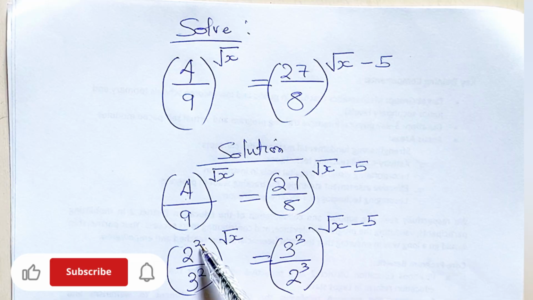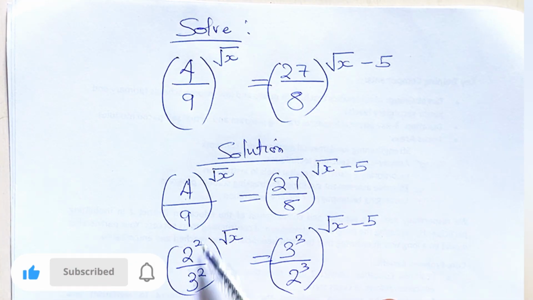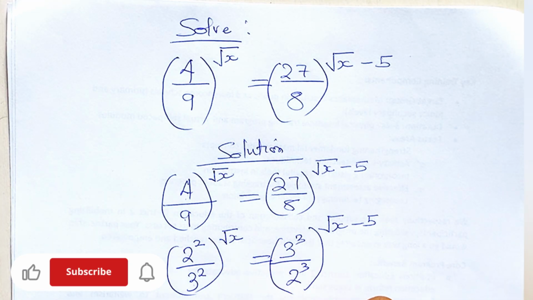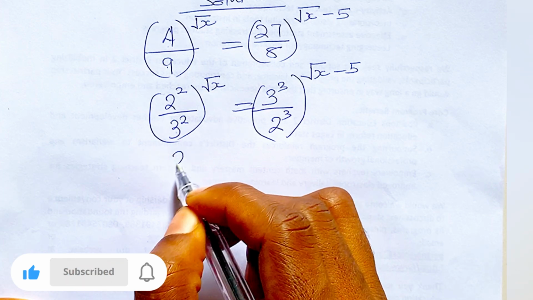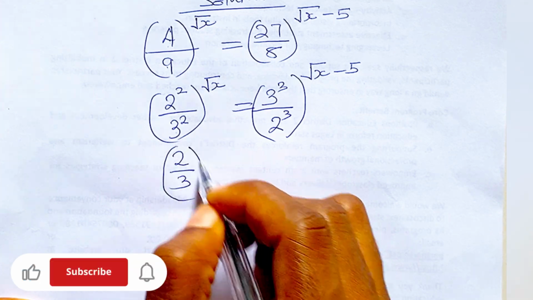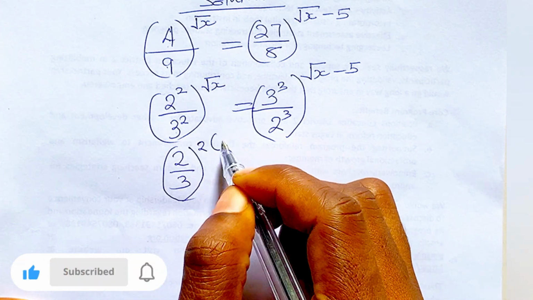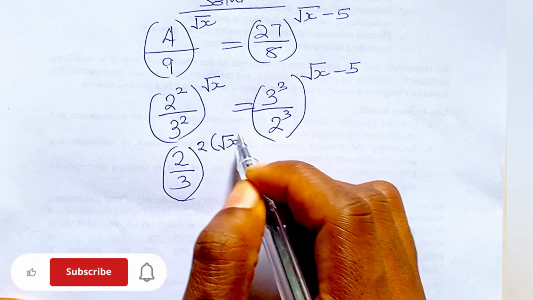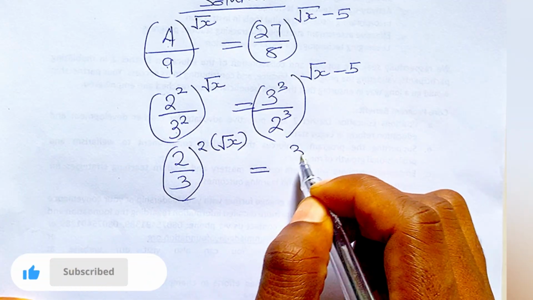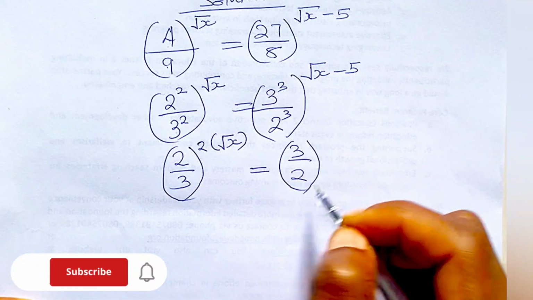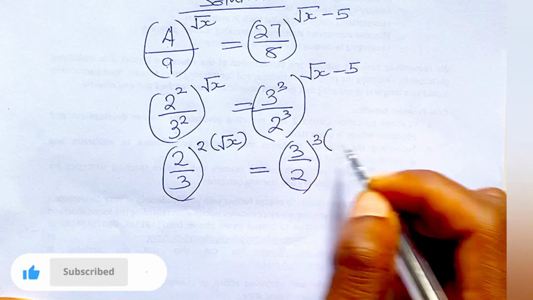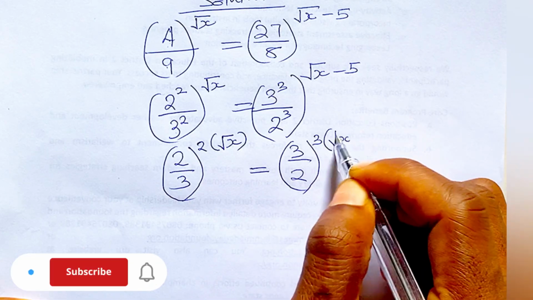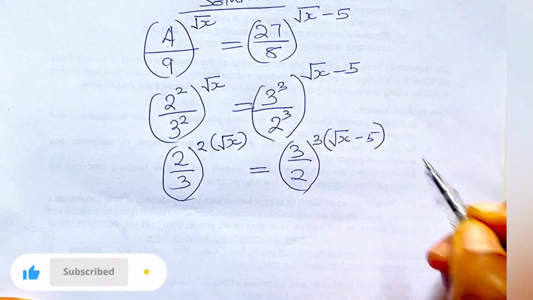Now, because the powers of the numerator and the denominator are similar, they can both share the same power. So you can write (2/3)^(2·√x) = (3/2)^(3·(√x − 5)).